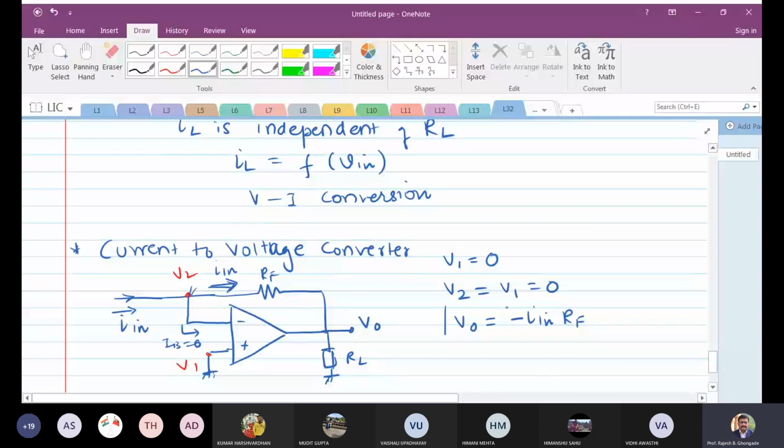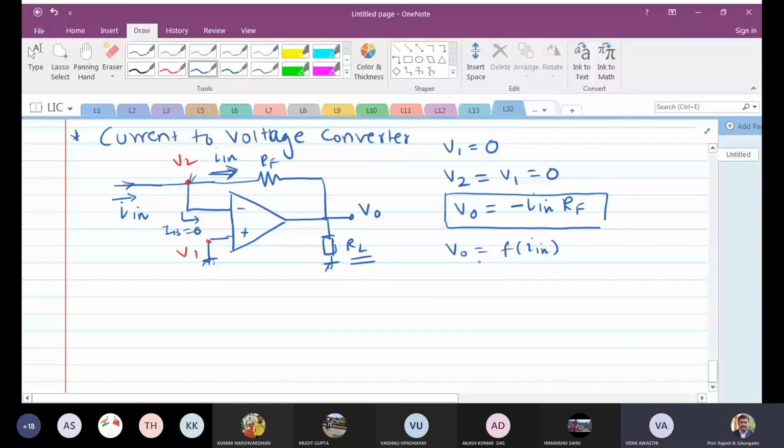What do you see again? The output voltage is a function of the input current which we have. Sorry, there was a call drop again.